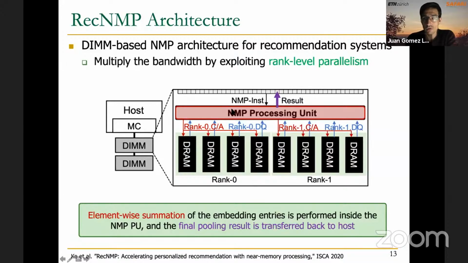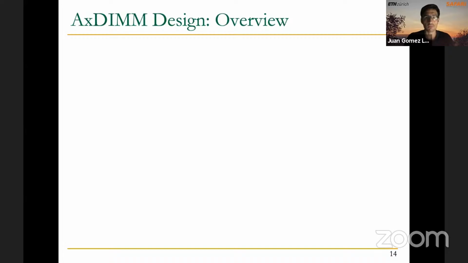So as you can see, it's a relatively simple operation, low arithmetic intensity, because it's just addition, but also very highly memory intensive, which makes it very suitable for processing in memory and for a system like this DIMM-based architecture.